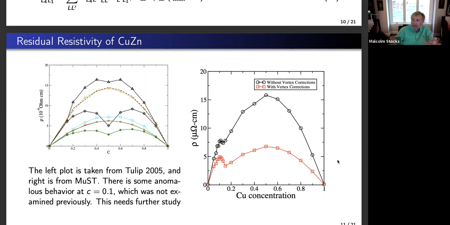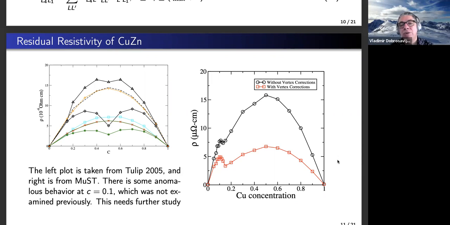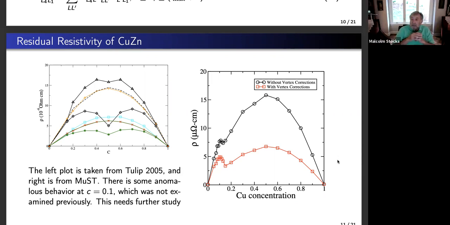That's one of the clearest cases where you can see the effect of these vertex corrections that he's putting in here. And they actually make the resistivity drop. Yes, yes. Which is our first calculations on silver-palladium, way back.